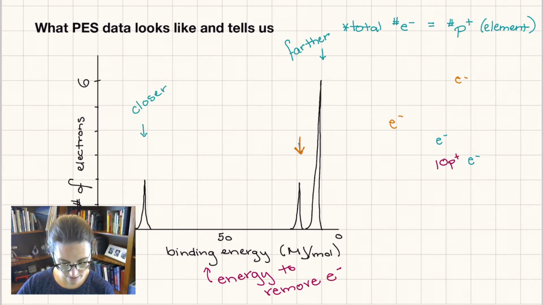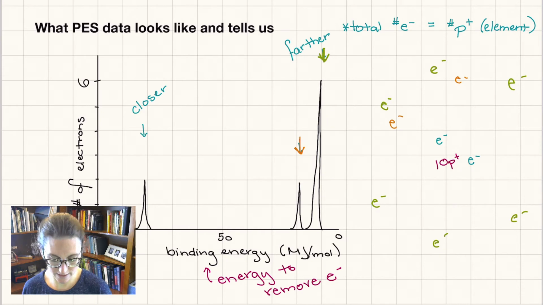We're going to make these guys our green ones. And these are just a little farther than the orange ones, but there's 6 of them. 1, 2, 3, 4, 5, 6.